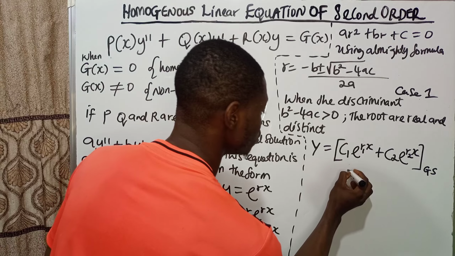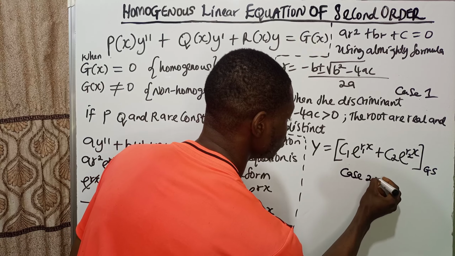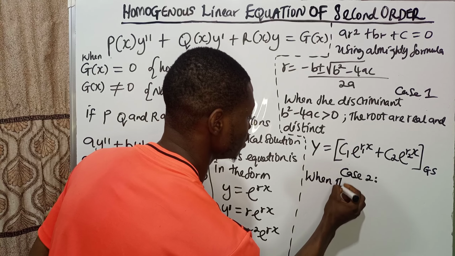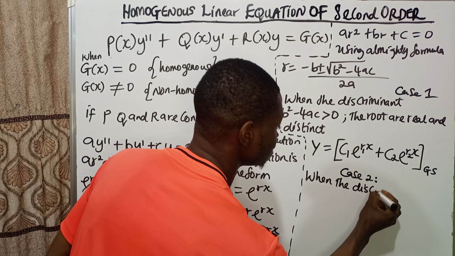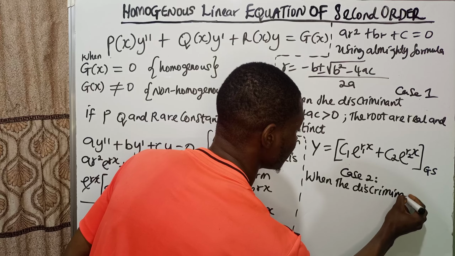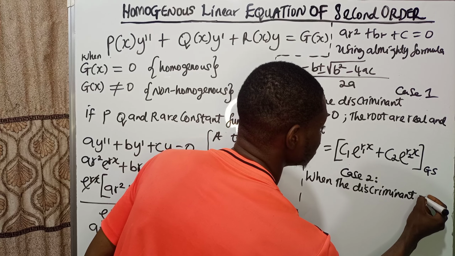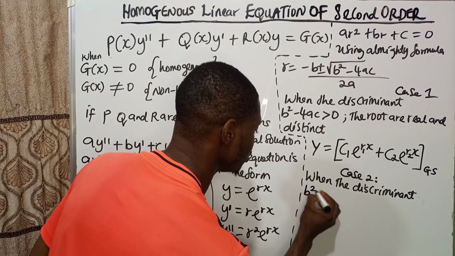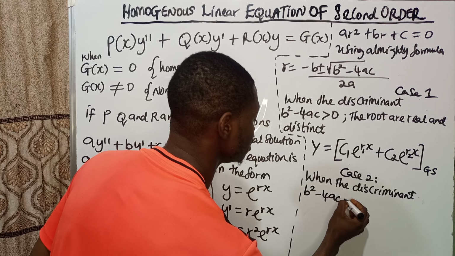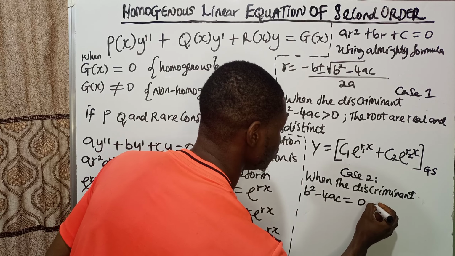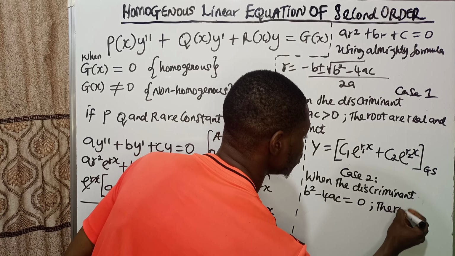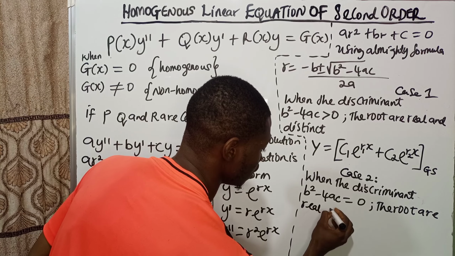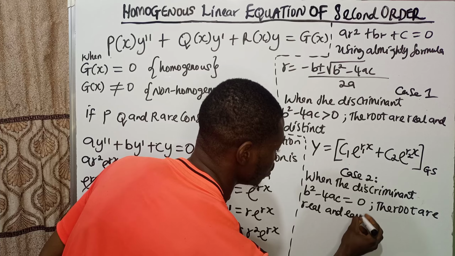Case 2, when the discriminant b squared minus 4ac is equal to 0, the roots are real and equal.